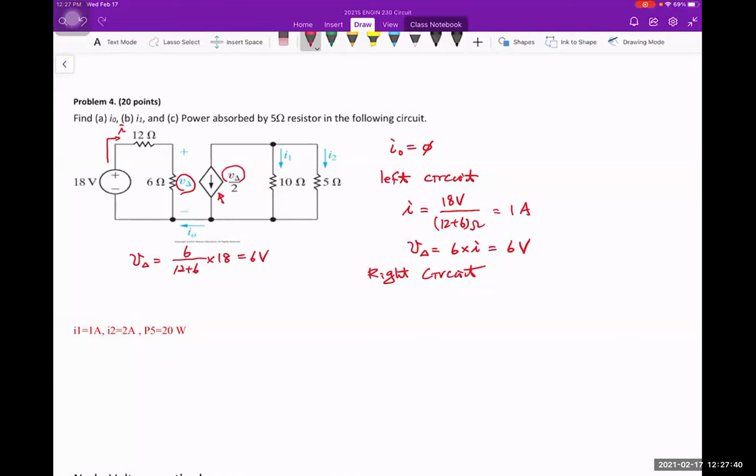It's a current source, because the arrow tells you this is a current source. We also have a special name for this. This is a voltage-controlled current source. It depends on the voltage of something else.